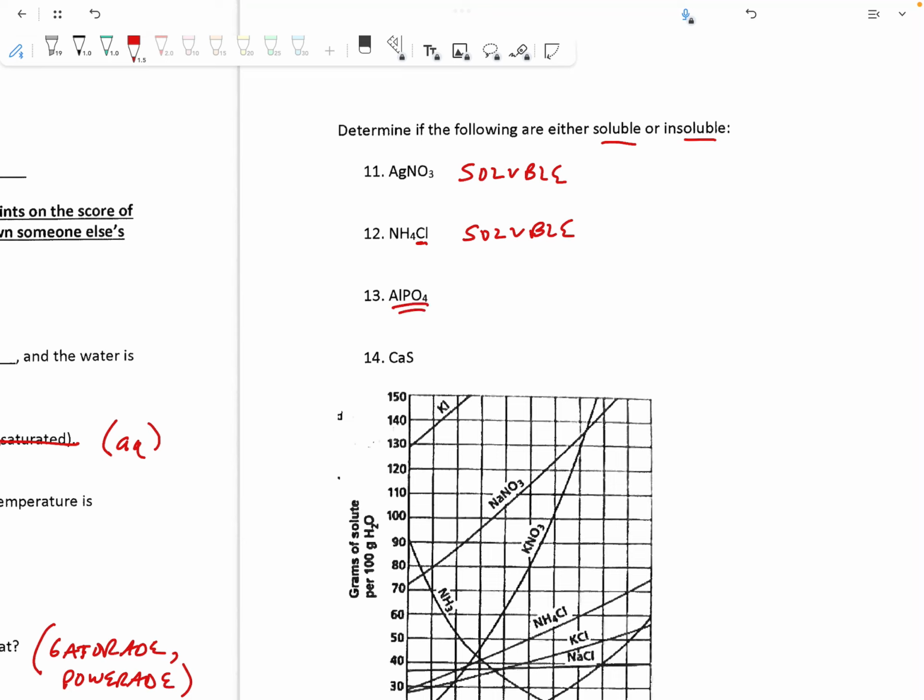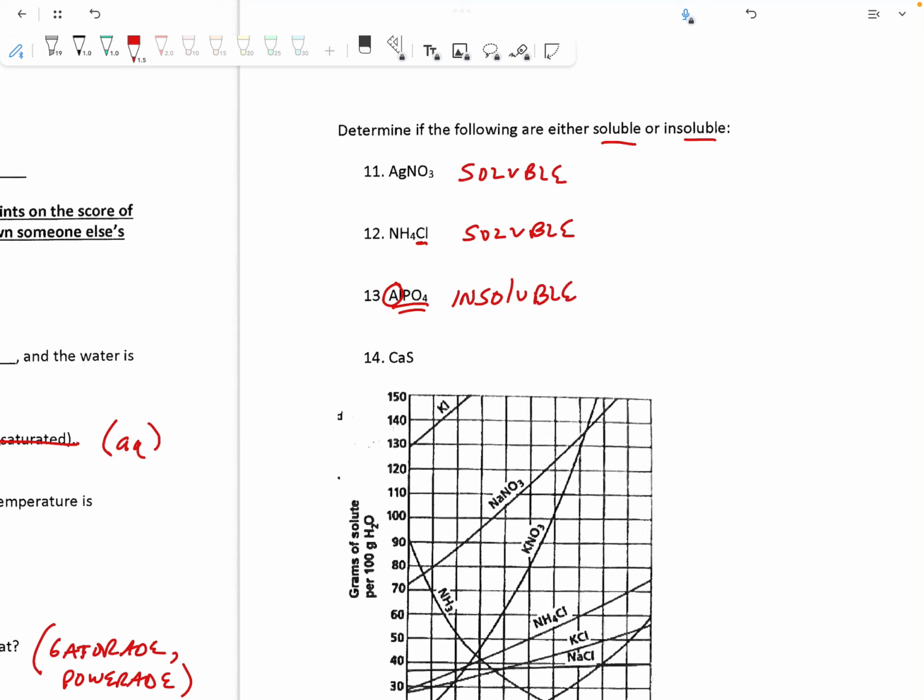My apologies. You have aluminum phosphate, and so you have a phosphate which is insoluble, and then you have aluminum paired with that. Aluminum is not an alkali metal, so it's not an exception. It is going to be insoluble, all right?